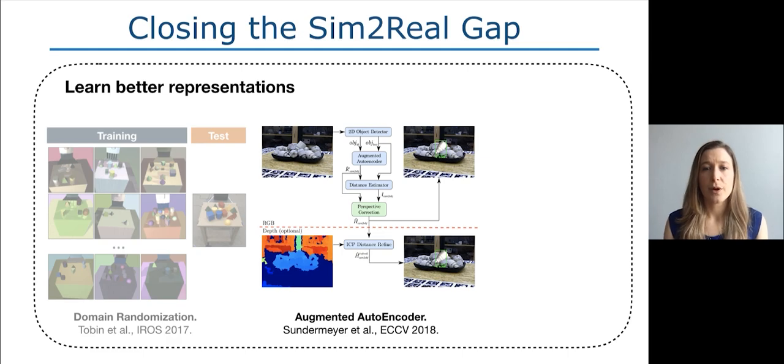Another similar work, the Augmented Autoencoder from ECCV 2018, sought to add an auxiliary learning objective that asks to place objects in their canonical form. So you could take an image as input and use the augmented autoencoder in order to produce a canonicalized version of that object in pixel space on the output.